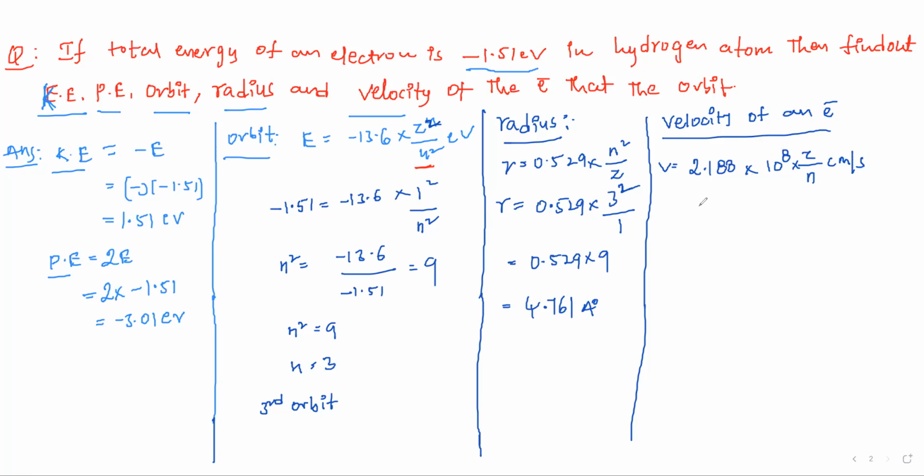Both will give the same; in centimeters we are doing it. So 2.188 into 10 to the power of 8 into 1 by 3 centimeters per second. Then what is its value?